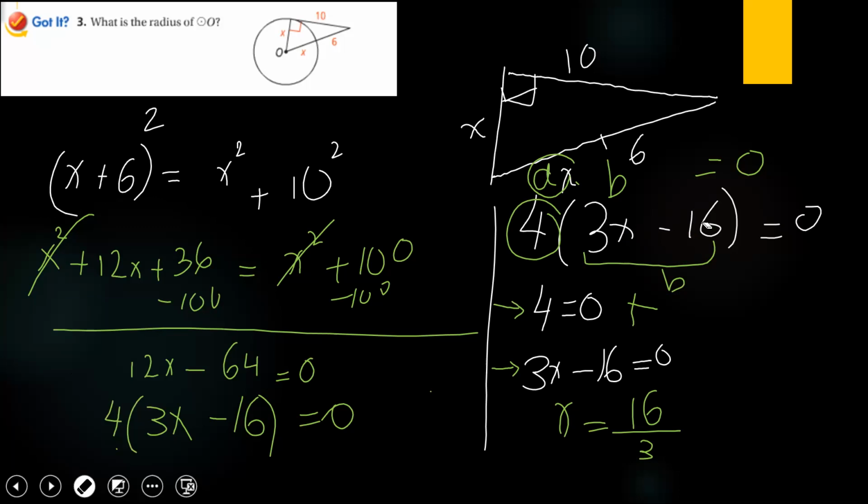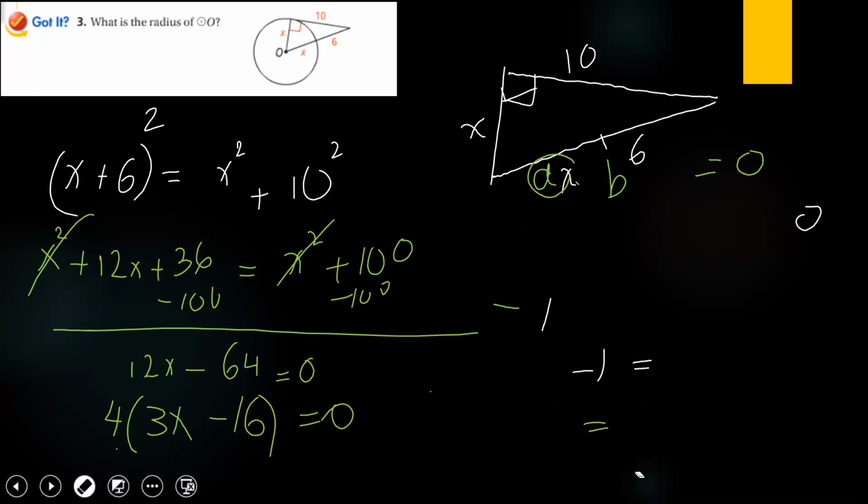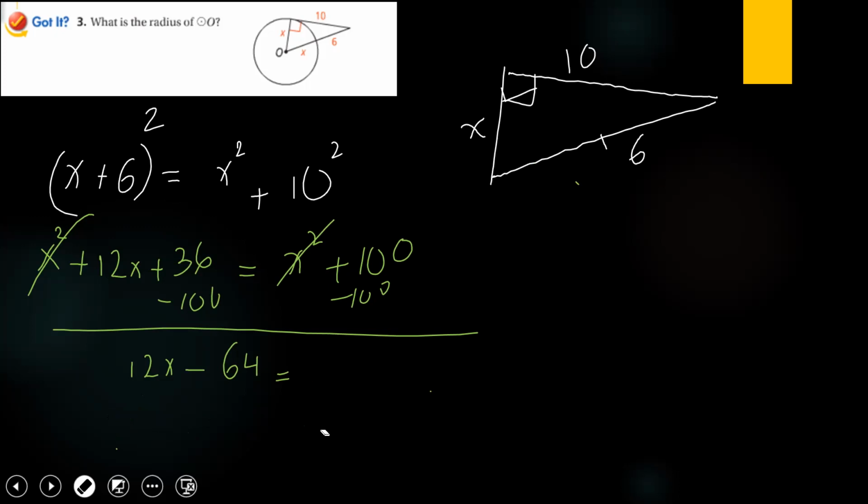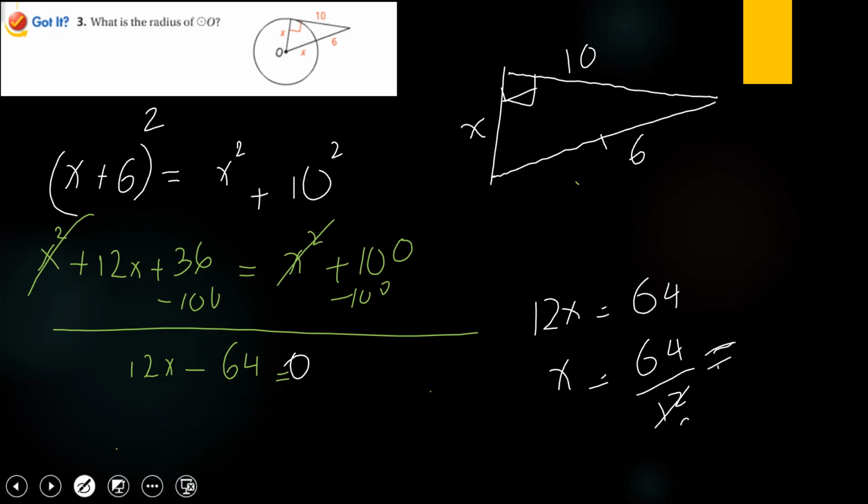You can say 12x equals 64, then x is 64 over 12. When you simplify it, you will find that it is 16 over 3. You can do this one also. Fine.